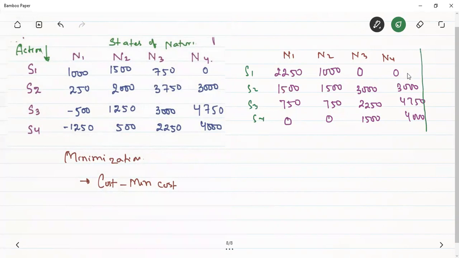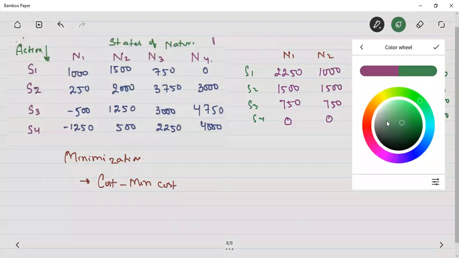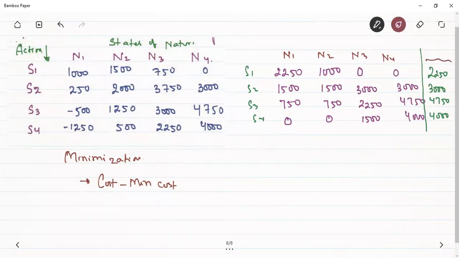Therefore, the maximum regret for this will be 2250. The maximum regret for this is 3000. Here the maximum regret is 4750, and the maximum regret is 4000. The minimax regret says to choose the minimum out of all these maximum regrets. Therefore, it should be 2250, and this corresponds to the S1 course of action.